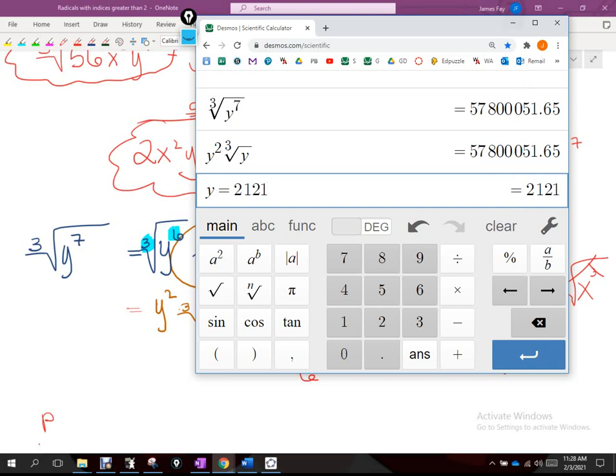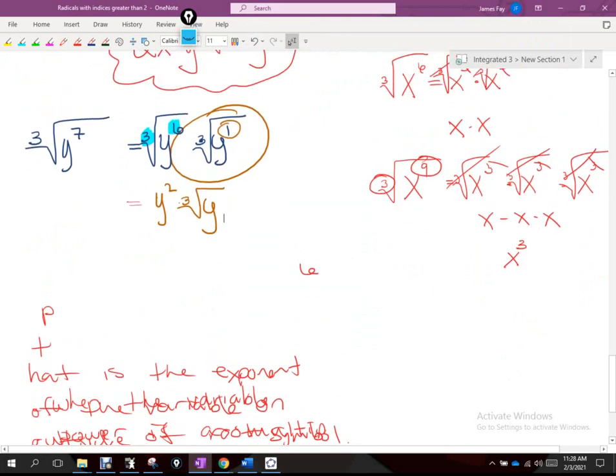Okay. What if we go cube root of x to the 11th? Basically, I'm going to try to find the largest multiple of 3 that is less than 11.